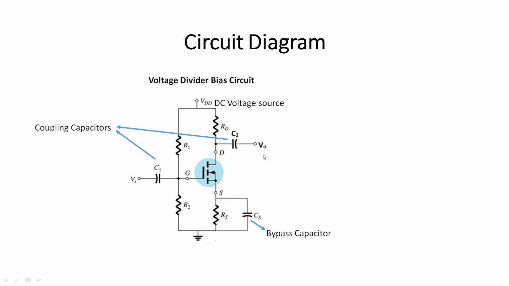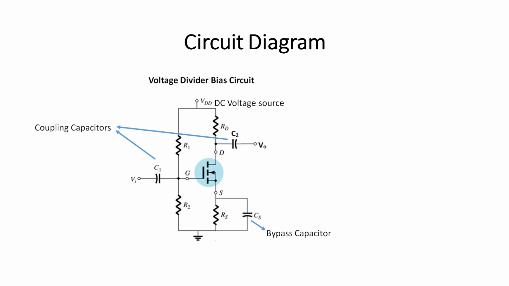So we are giving input across the gate terminal, taking output from the drain terminal, where the source is common to input and output. So we say this is a common source amplifier circuit. VDD is the DC voltage source which is used to bias this circuit.